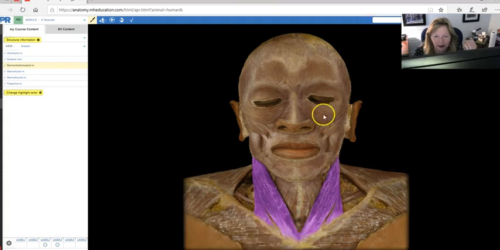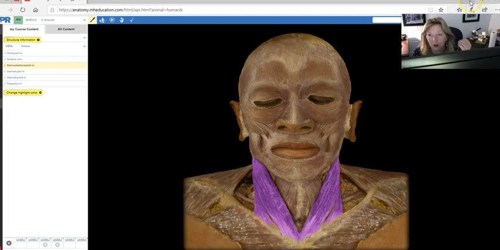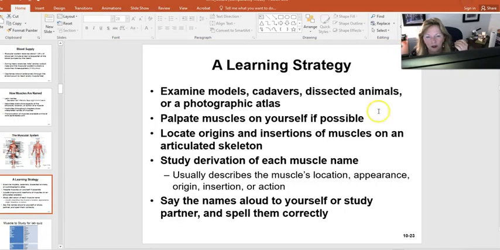All right, let's see if I can get this back up, well, it doesn't want me to. I am going to close that out. So again, looking at cadavers, looking at models, looking at photos from your textbook. You have an atlas in your textbook and the ebook.